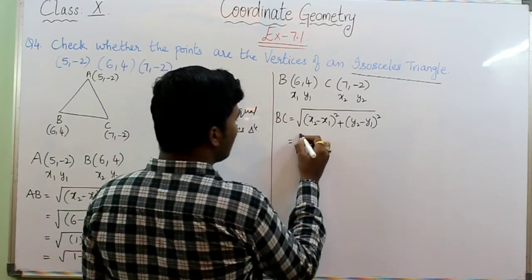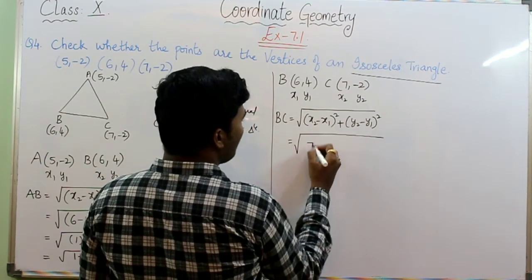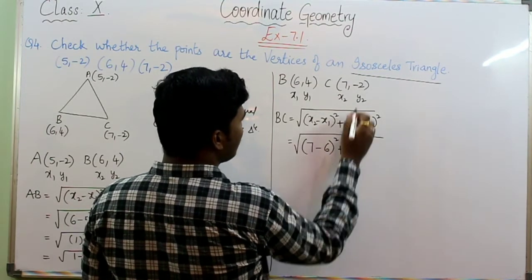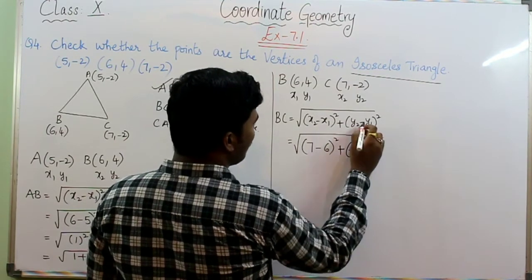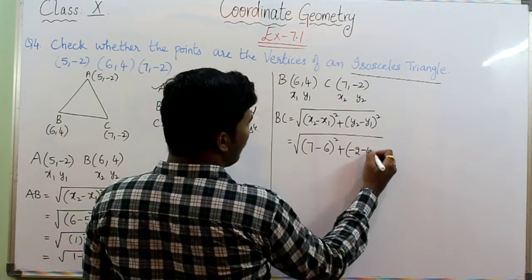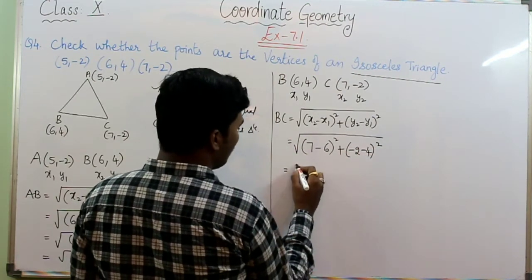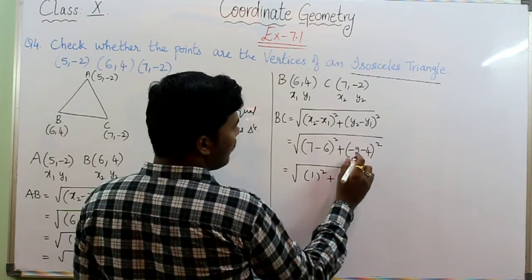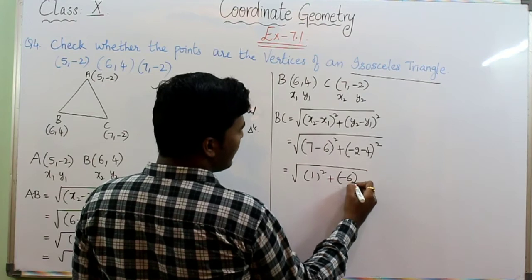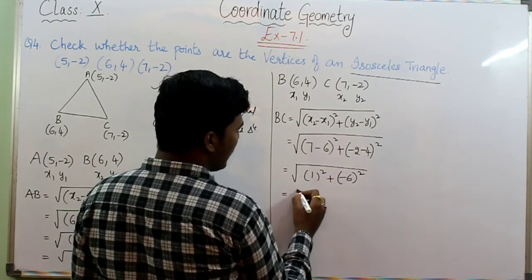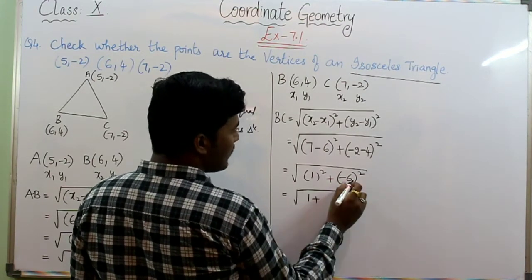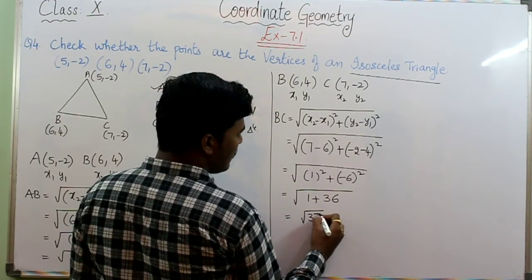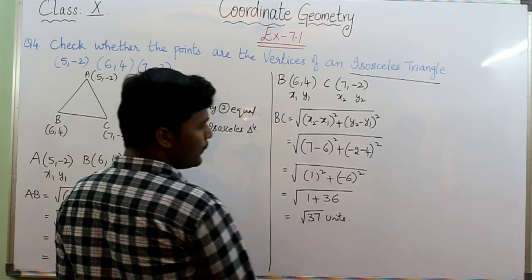Now let us substitute the values carefully. x2 is 7 minus 6 whole square plus y2 is -2 minus 4 whole square. So this is square root of 7 minus 6 is 1 square plus -2 minus 4 becomes -6 whole square. This implies 1 square is 1 plus 6 square is 36. So this is also square root of 37 units.